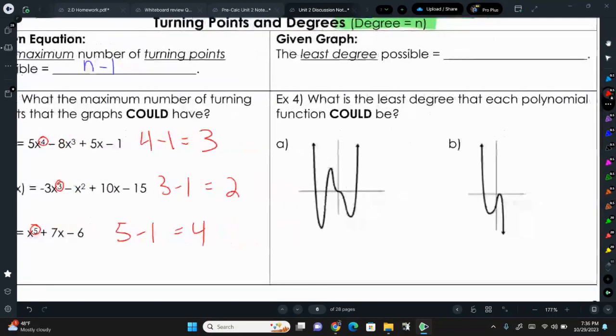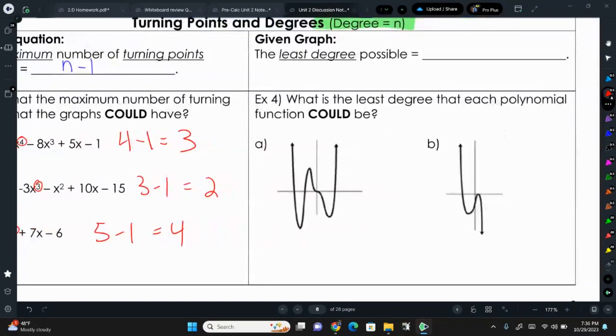Right, so then, like I said, given the graph, the least possible degree would be the number of zeros you have. So n. So if we look at this, we see what is the least degree that each polynomial function could be.